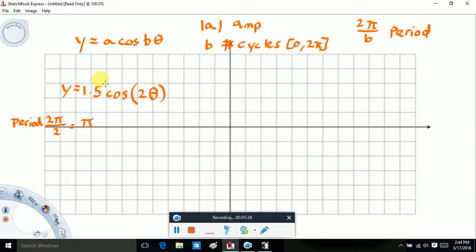So in this question, it's asking you to sketch the graph from the interval 0 to 2 pi. So we can make a mark, let's just say right here, and we'll call this pi, and then this would be 2 pi. Actually, it might be easier if we expand this a little bit.